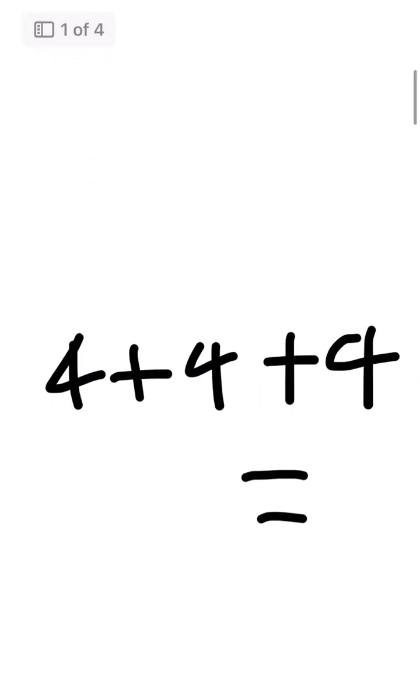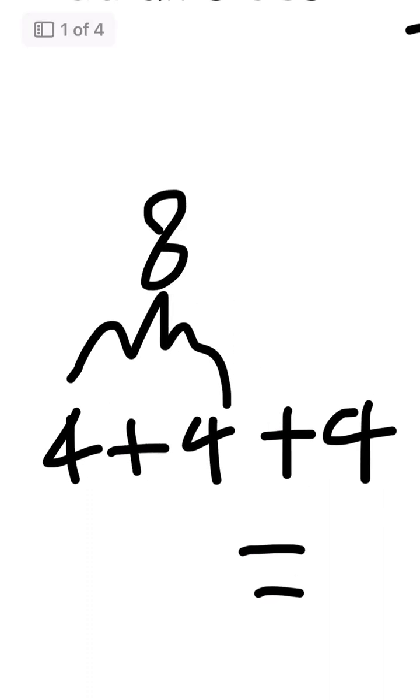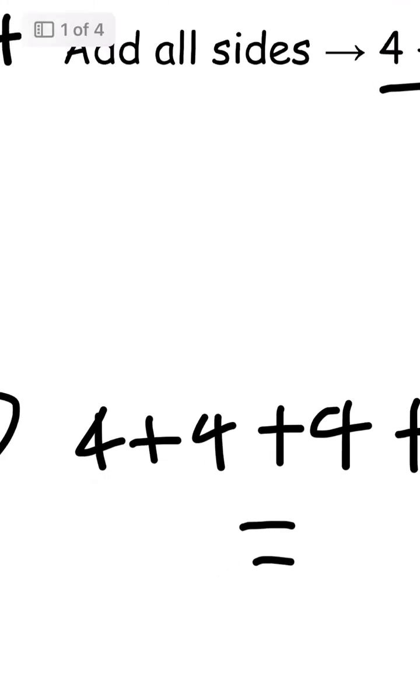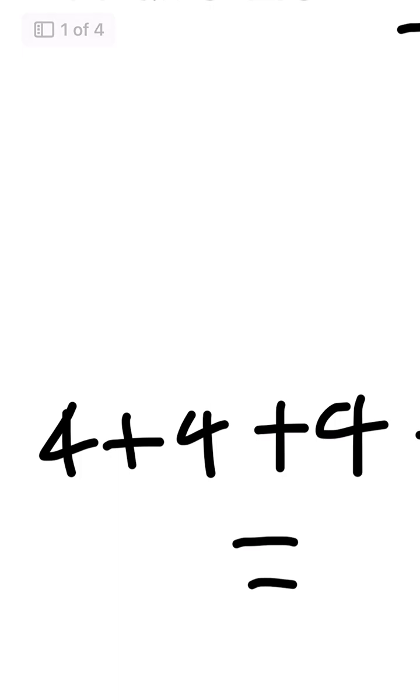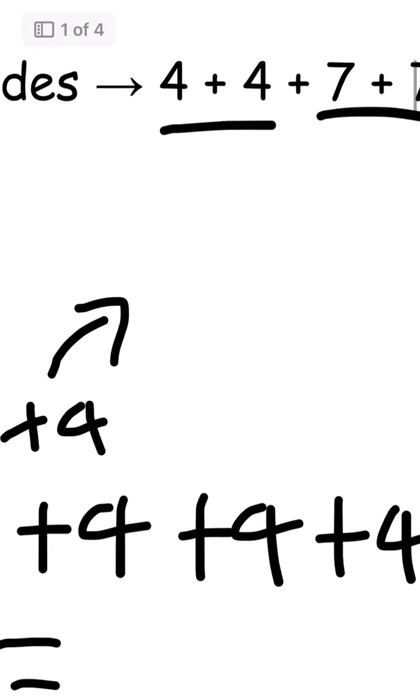We can do 8 and then 8 plus 4. These two, when we add these two, 4 plus 4, it's 8. And then 8 plus 4, it's going to be 12.